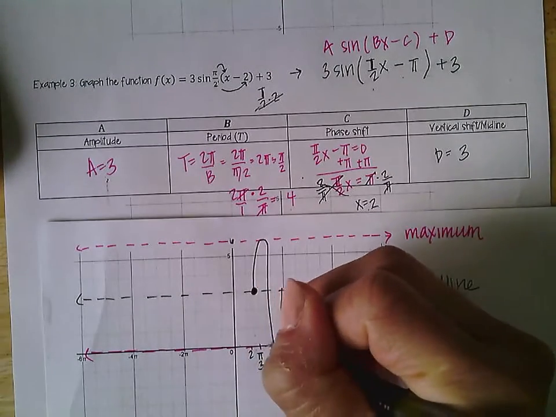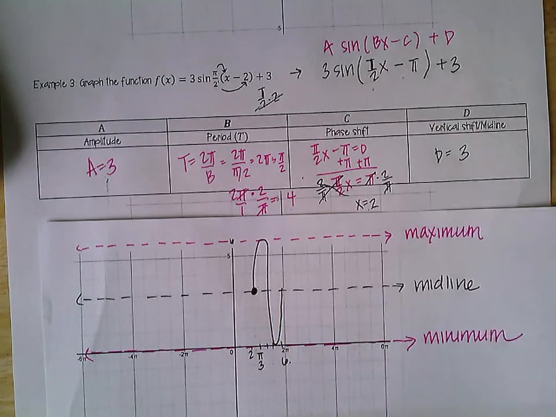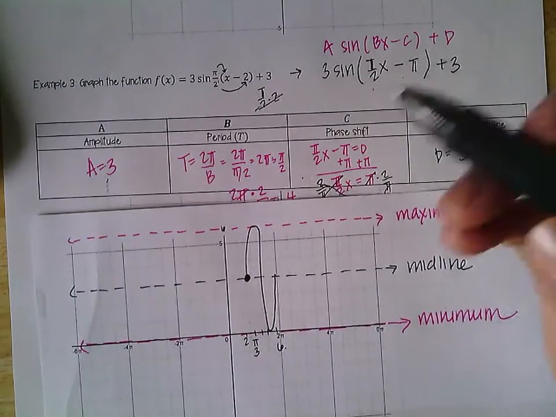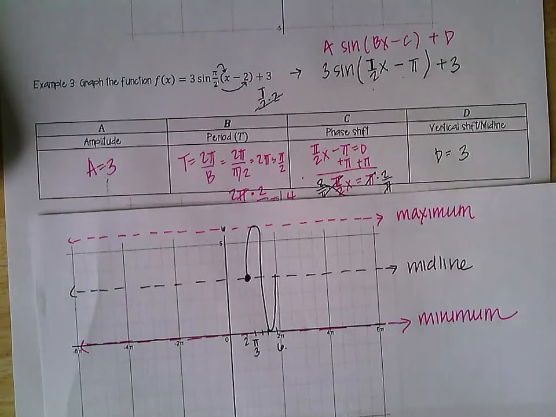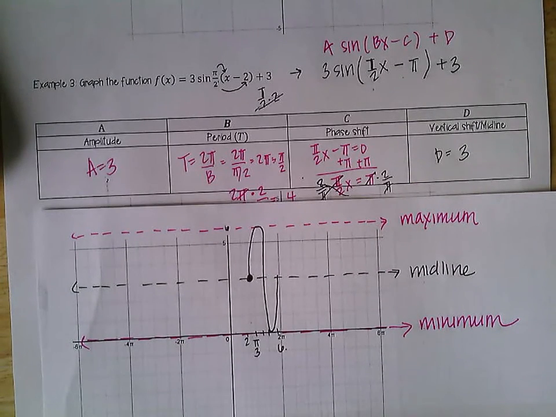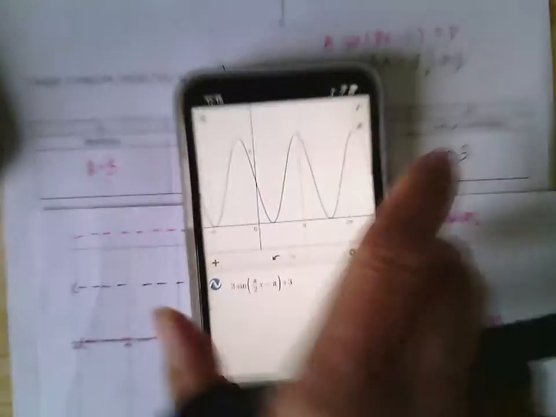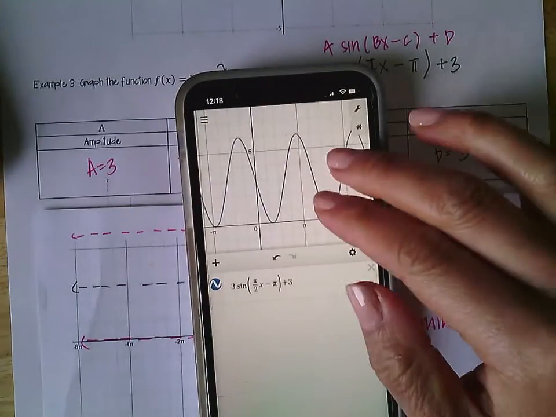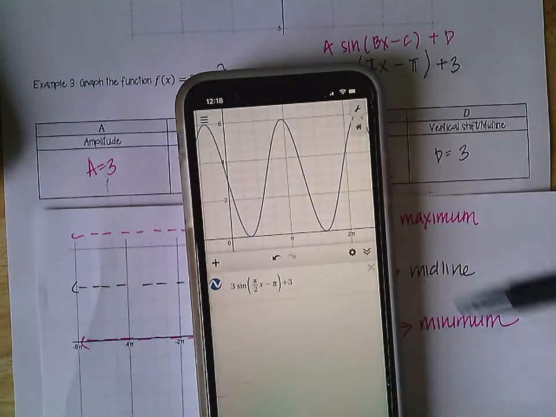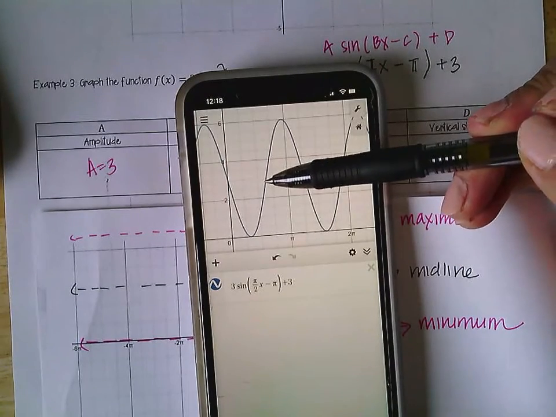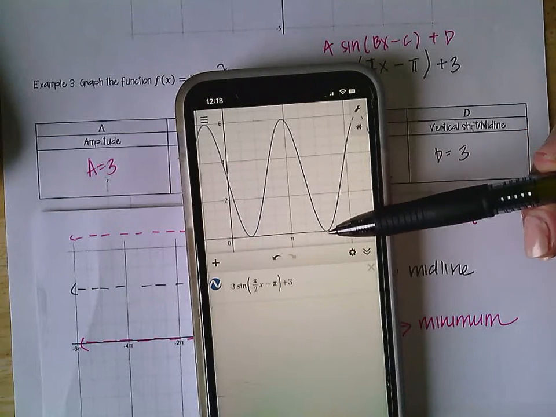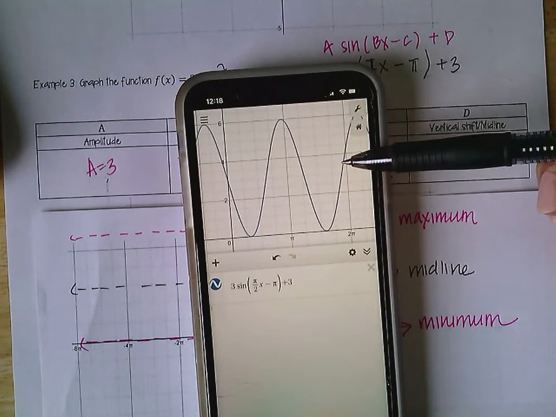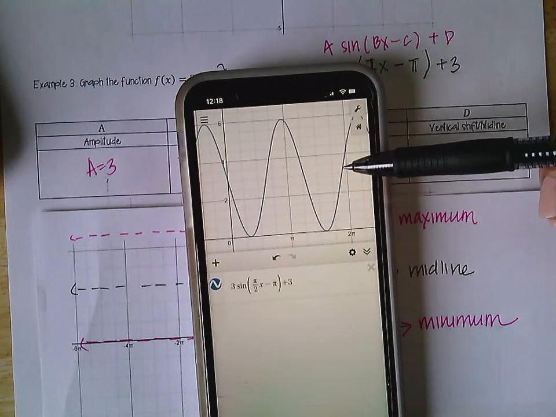So 2, 3, 4, 5, 6. So at every 4 units, it's going to complete 1 full cycle. So this is how the graph will look. And then if you even look on Desmos here, we started at our phase shift, and it went up and all the way down to the x-axis, and then it completed 1 full cycle right before that 2 pi because our period was 4.